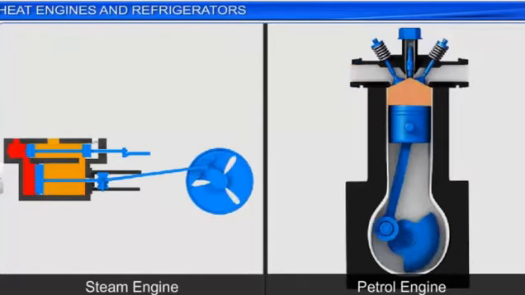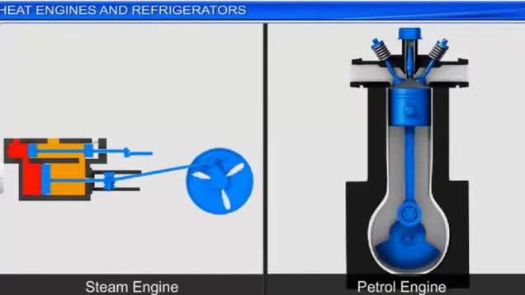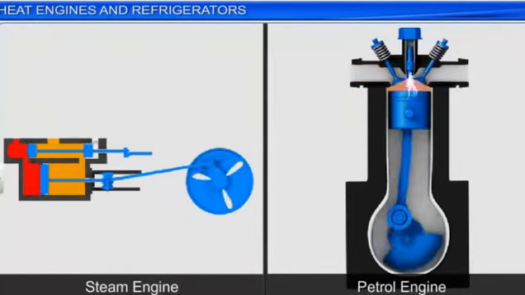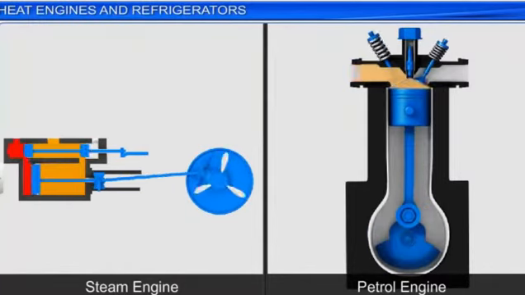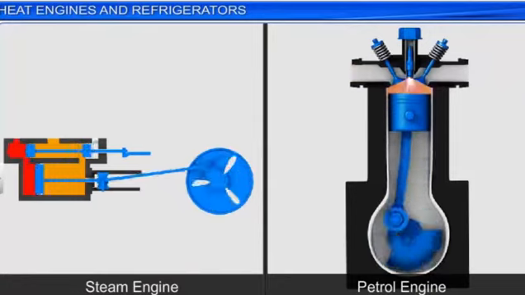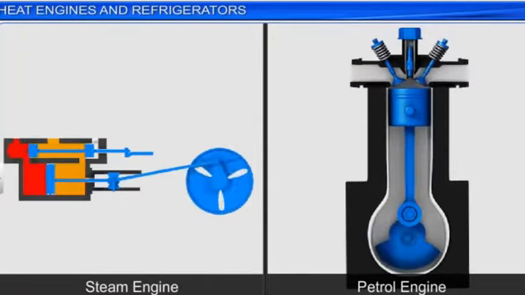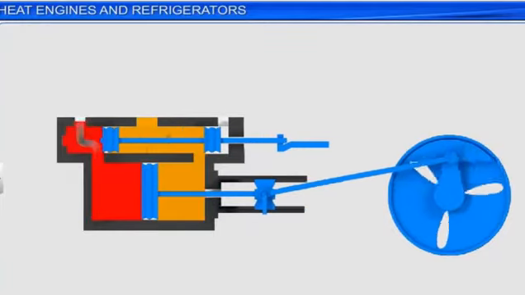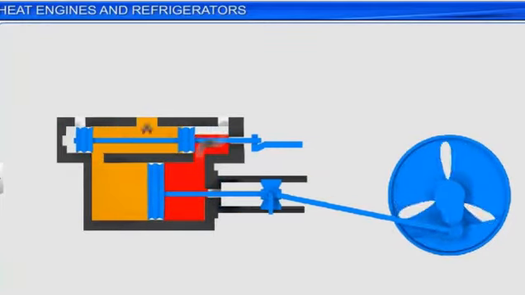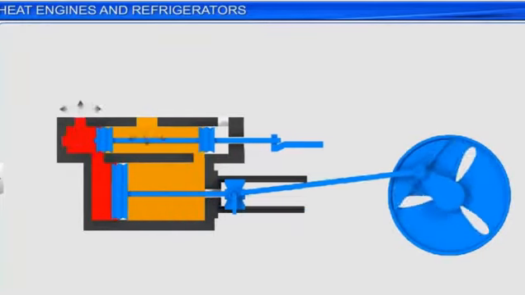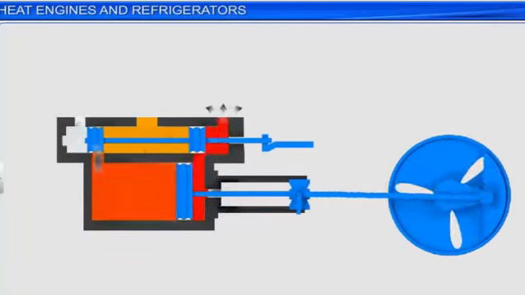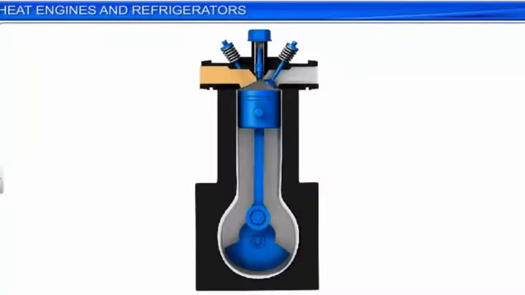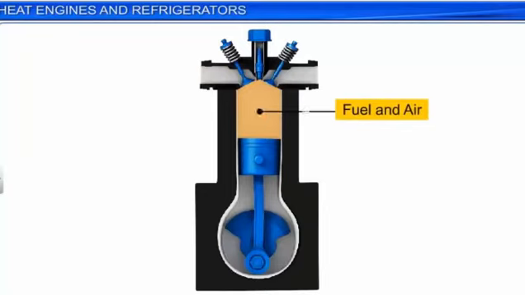In any heat engine, a small quantity of matter, usually called the working substance, acts as the system. For example, water is the working substance in the case of a steam engine, and a mixture of fuel and air is the working substance in the case of a petrol engine.